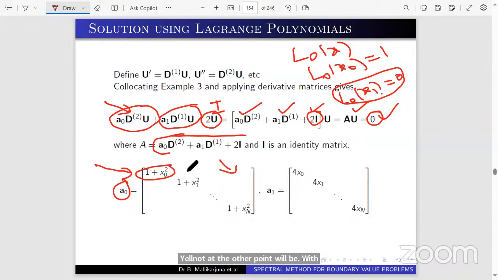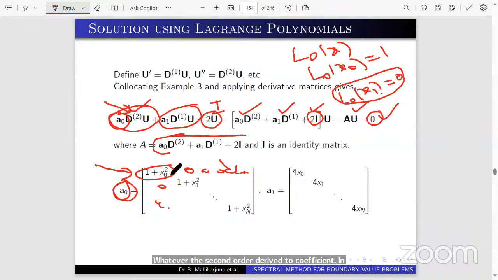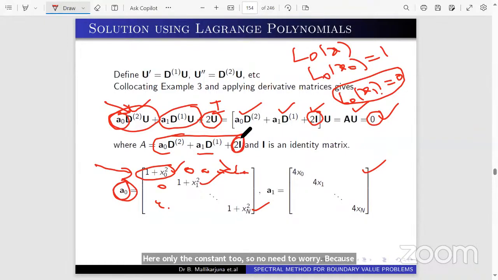With that reason, these terms will get 0, only diagonal expressions. A0 is nothing but whatever the second order derivative coefficient, completely constant or maybe in terms of x: 1 plus x0 squared, 1 plus x1 squared, 1 plus xn squared. Similarly, the second coefficient, here only the constant 2. So no need to worry, because it is multiplied with I only, the identity matrix.